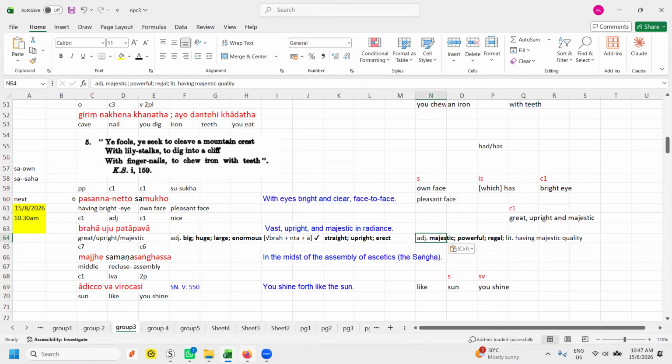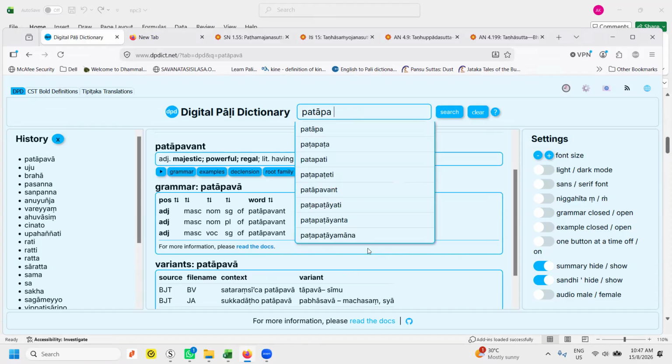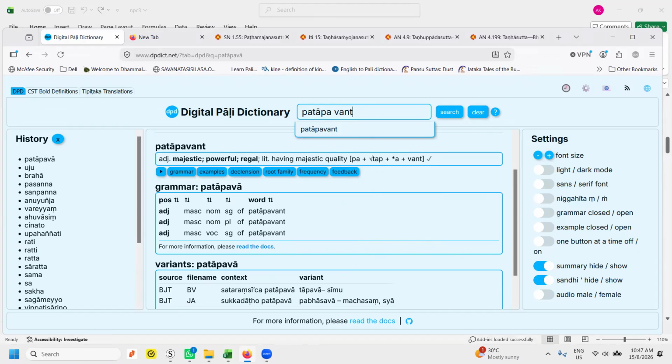Okay, now we go back to here. This is the stem patapa. Technically in book one, 1 2 is added. Some books will take VAT is added, because there are two stems for this patapa.